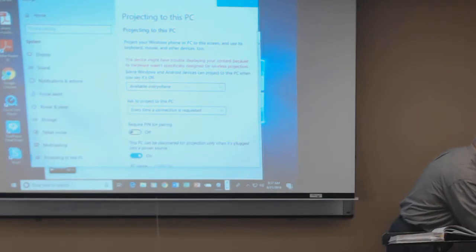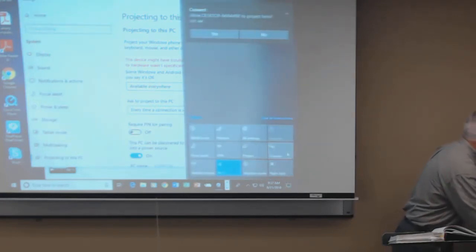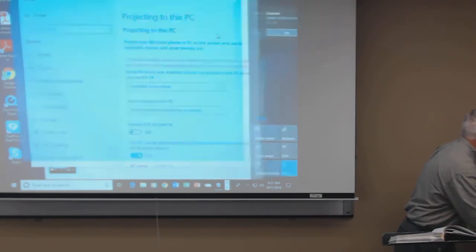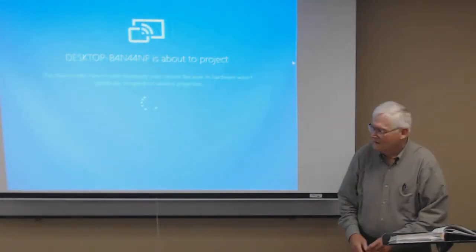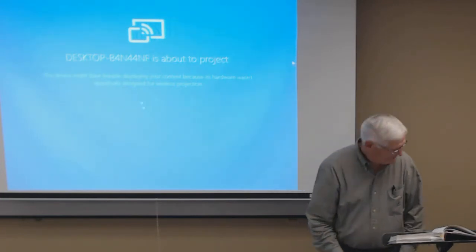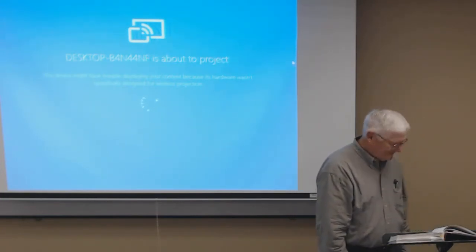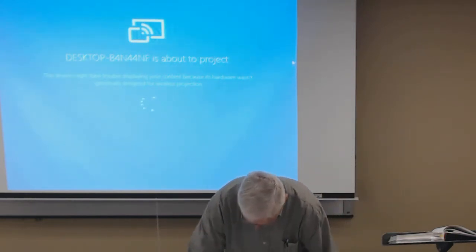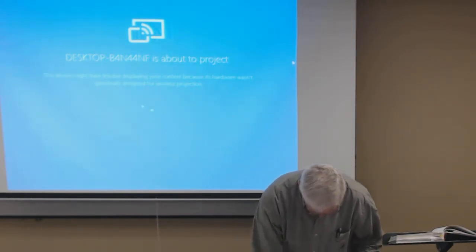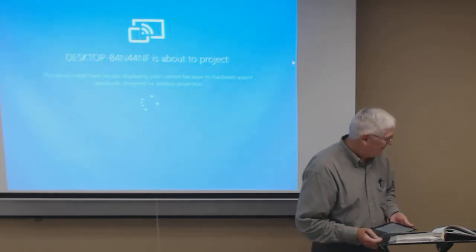Tell it to accept. Still taking 10 minutes, isn't it? Any way I do it? It's going to take me 10 minutes to get this thing going. Well, that's life.